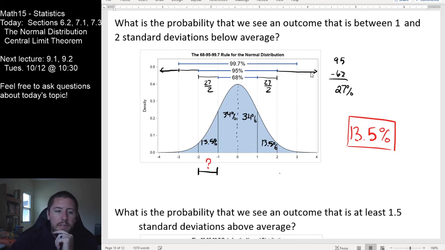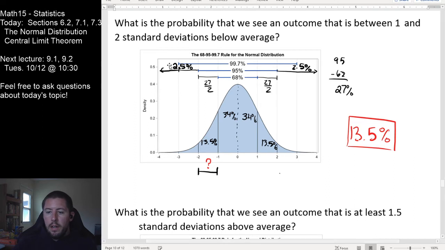If 95% is the middle chunk for 2 standard deviations, then outside of 2 standard deviations should be the remaining 5% of our probability. Since this distribution is symmetric, that 5% will get split evenly, 2.5% in each tail out here.